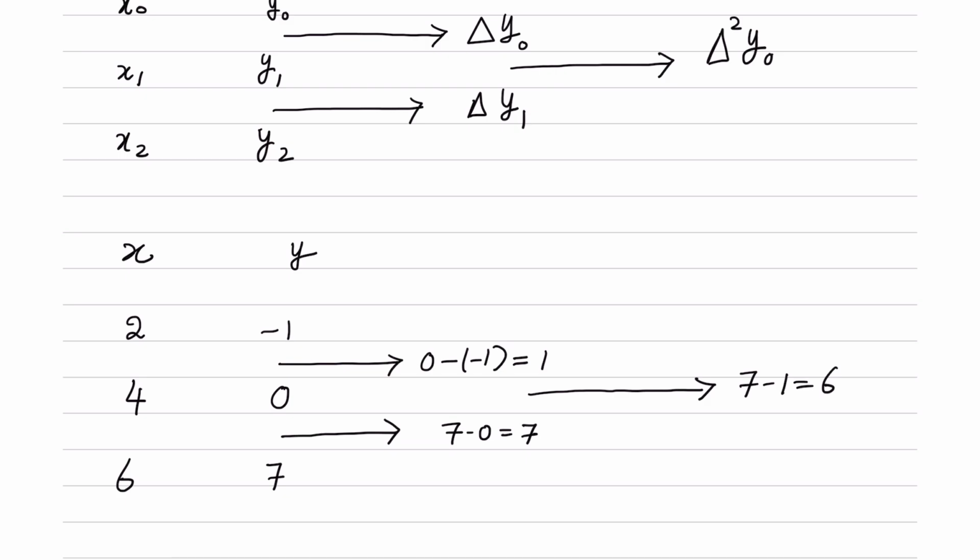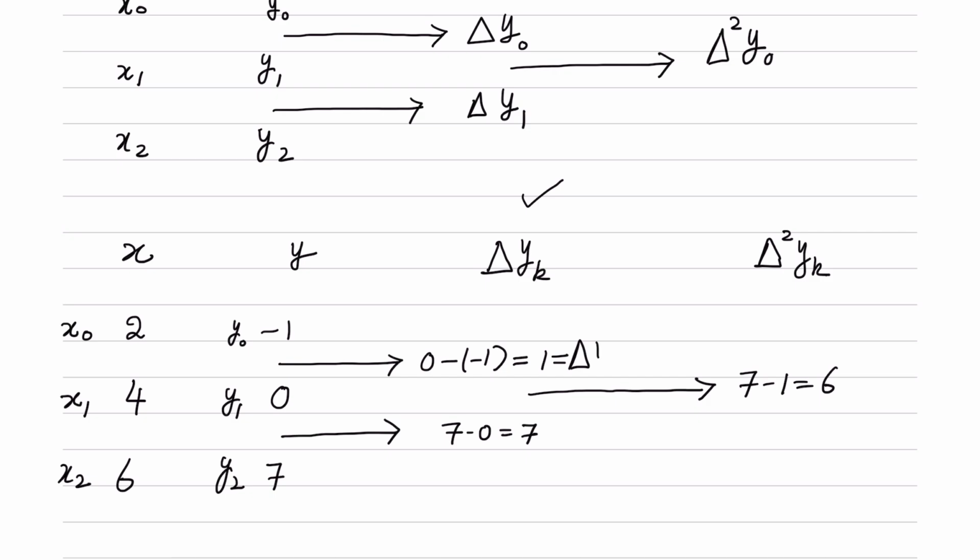But now let's name the table. This is the forward yk column. This is the forward square yk column. Name the values: this is x0, x1, x2, y0, y1, y2. In the third column, forward yk, the first value is forward power 1, because this is the forward yk column. Just 1 is the power on forward. So all values in this column will have the notation forward power 1.